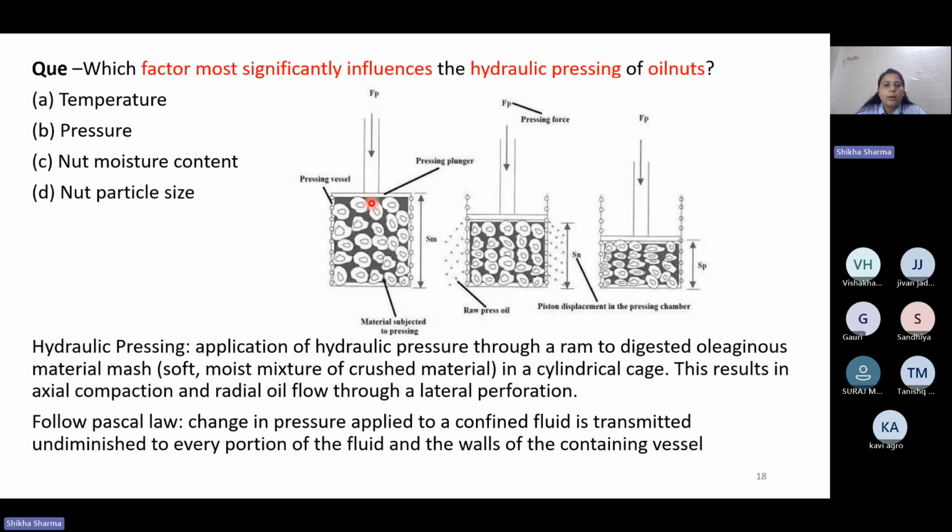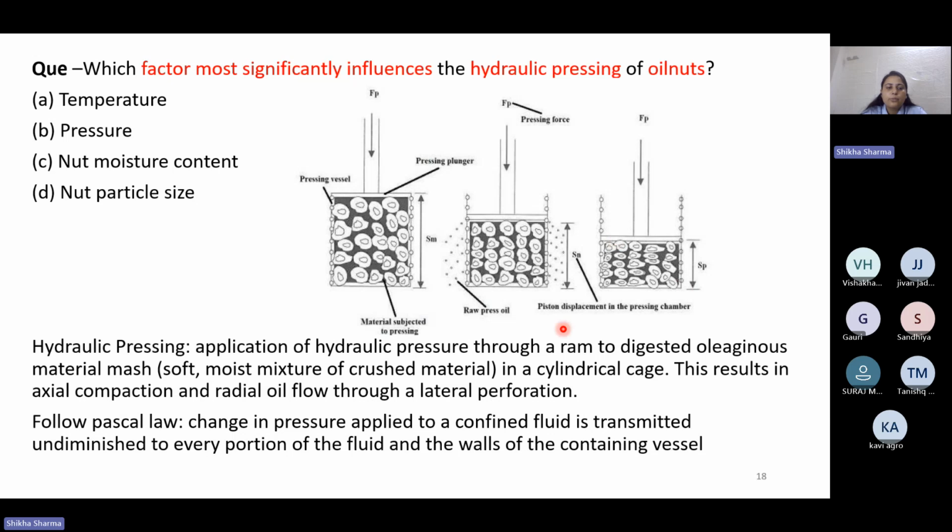We apply hydraulic pressure to extract oil, and the material is put in a cylindrical cage. From above, hydraulic pressure will be applied to take oil. This results in axial compaction and radial oil flow through lateral perforations. The cylinder is perforated and the oil comes out as raw press oil.